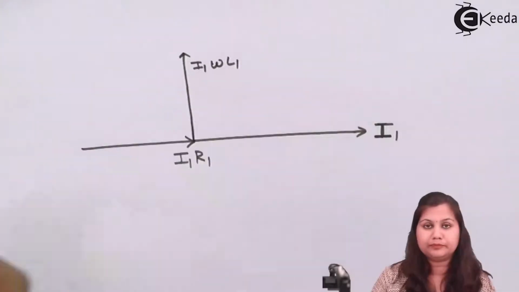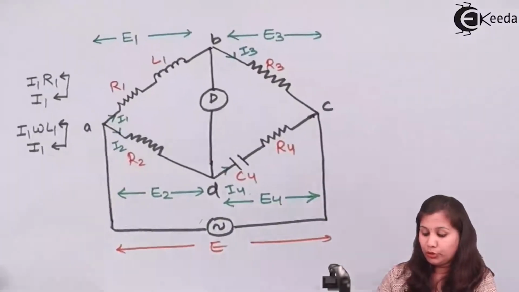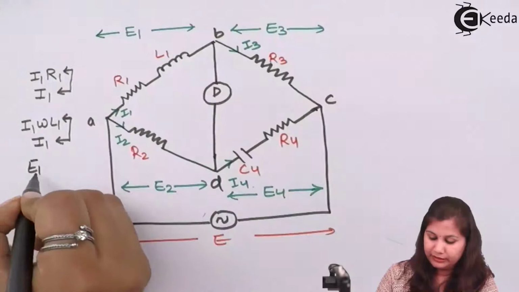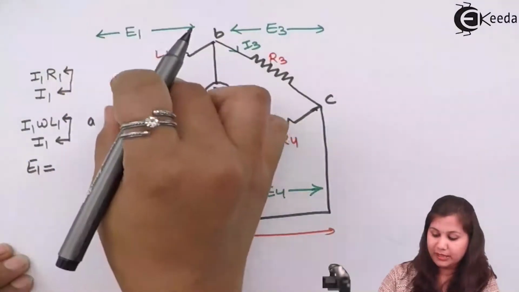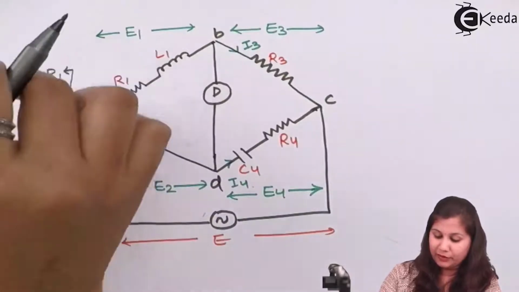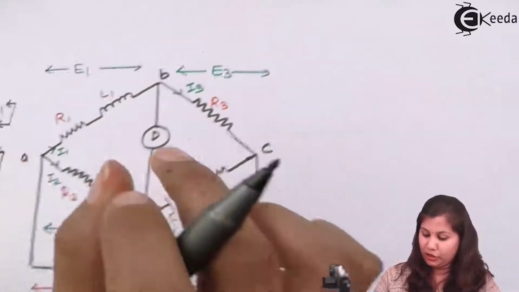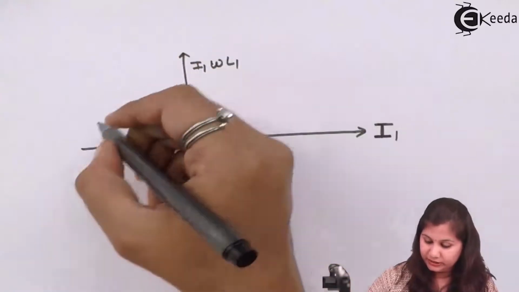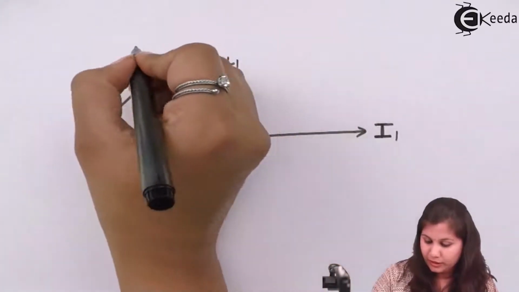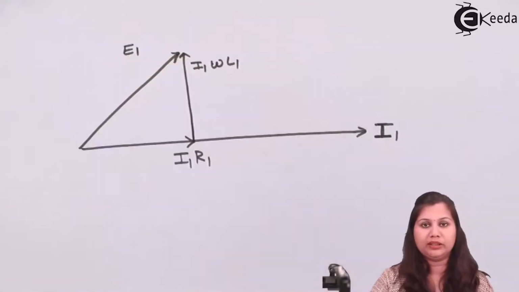Now the total voltage drop across the AB arm is E1, which will be equal to the sum of the voltage drops, I1 R1 plus I1 omega L1. So if we draw the resultant here, it will be equal to E1.